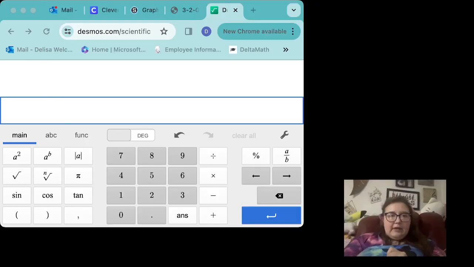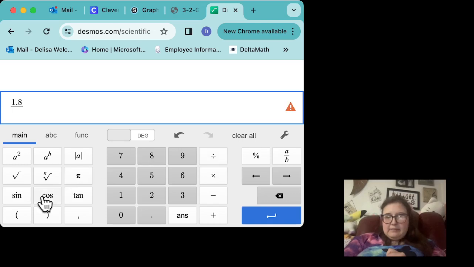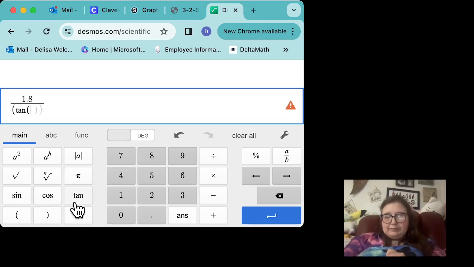So now we can put that into our calculator. Wait, we got to do 1.8. 1.8 divided by, now we do our tangent. So put parentheses around my tangent of 50 to make sure they calculate tangent of 50 before doing our division.